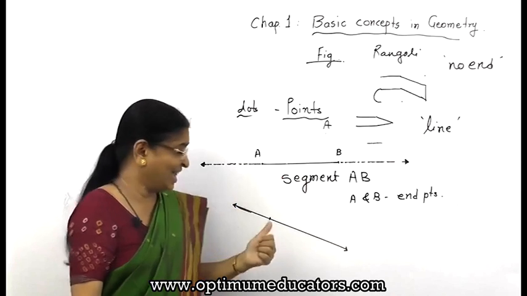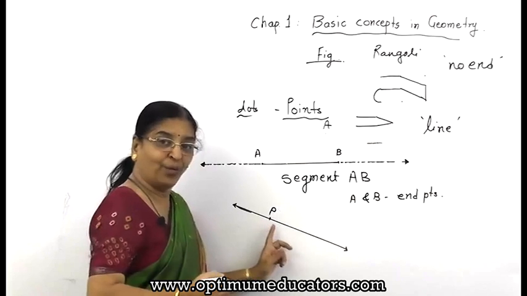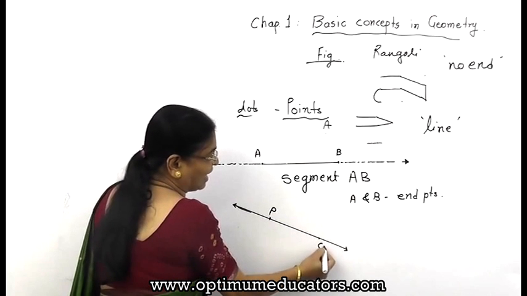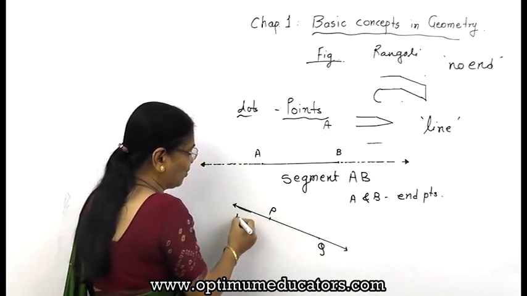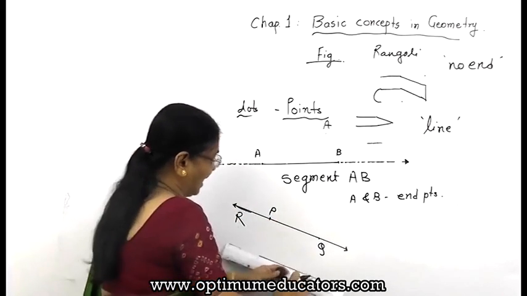But see that I have cut it at point P. One is going this way, so I will write it as PQ. One is going this way, and so there are two rays.